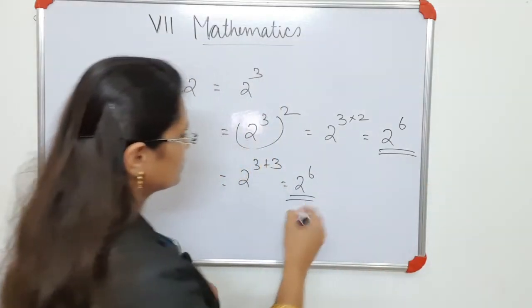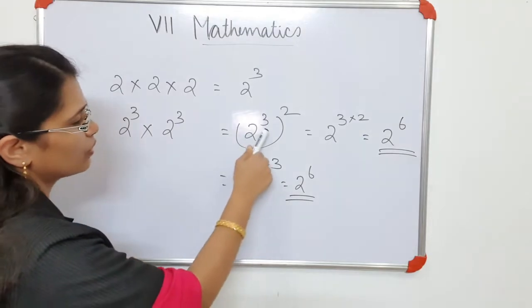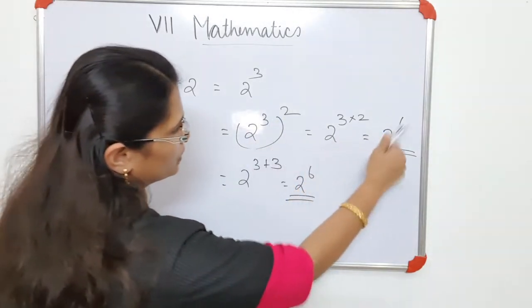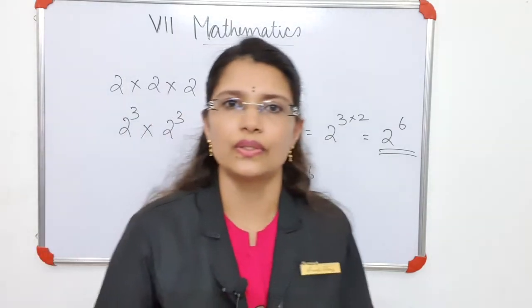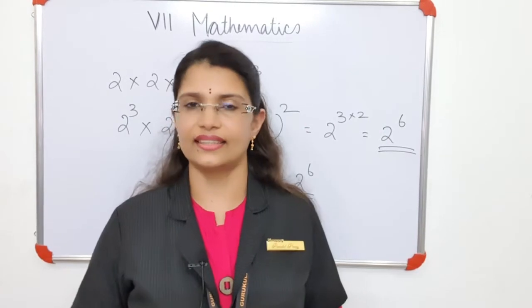See this answer? 2 raised to 3 plus 3 is equal to 2 raised to 6 or 2 raised to 3 whole square is equal to 2 raised to 3 into 2 is equal to 2 raised to 6. Easy, right? So we can write this as a rule.